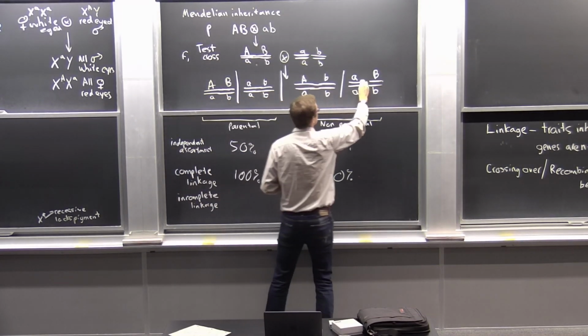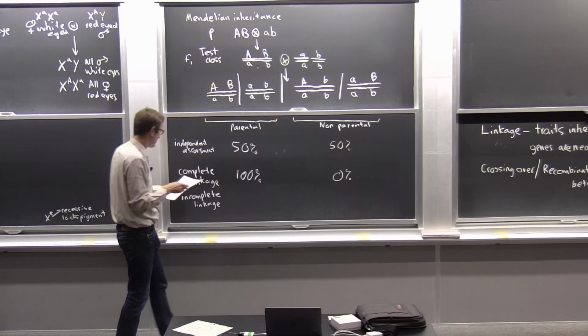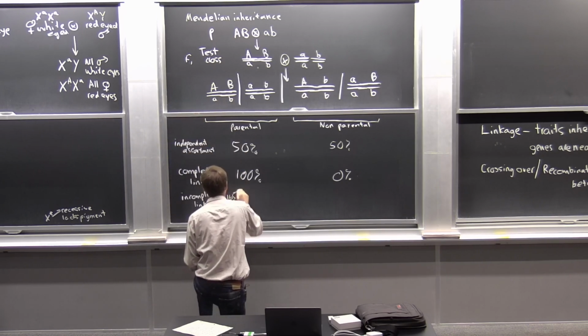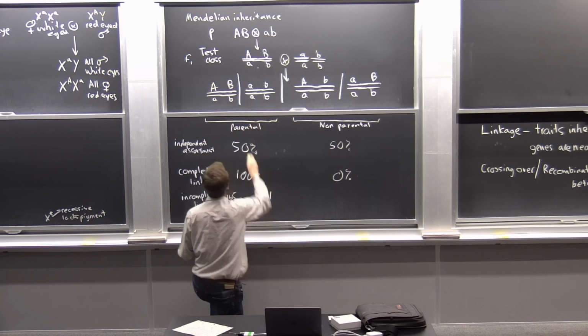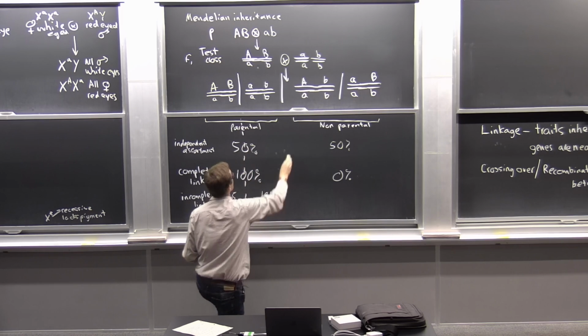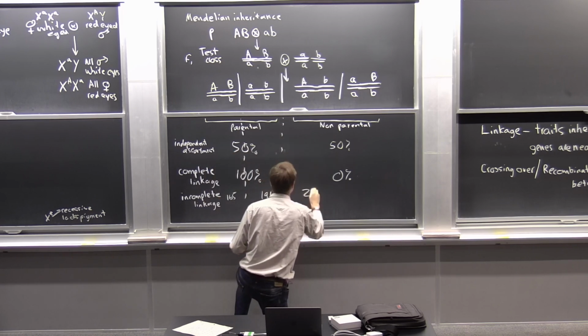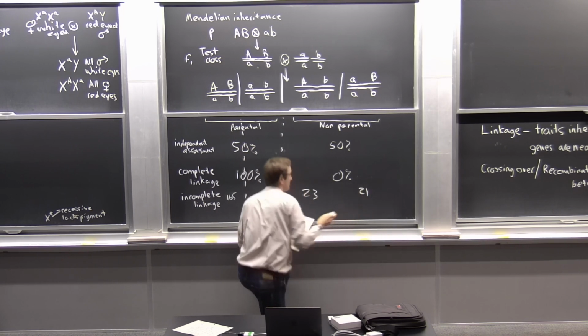So the A and B genes are on the same chromosome. And so we'll consider a case where in this class there are 165 members. For this one, there's 191. So I'm kind of going down like this. And then for the first recombinant class, 23 individuals. And for the last, there are 21 individuals.